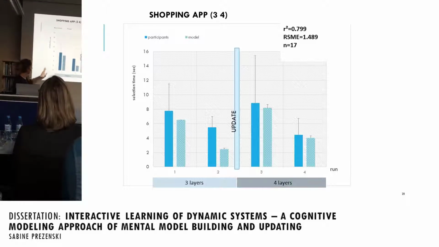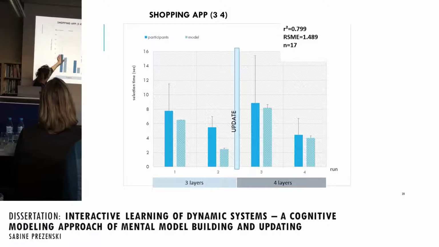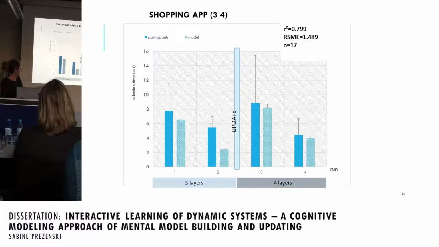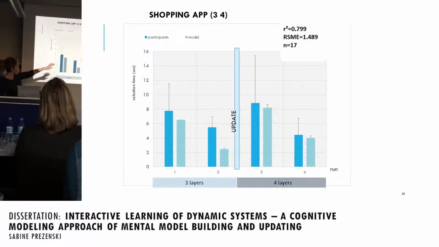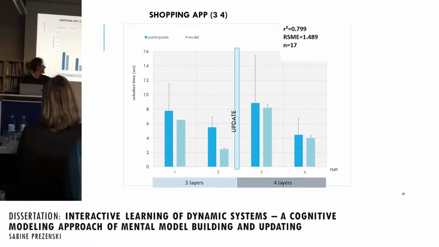So this is the empirical data, this is the model data, and we see in the empirical data a decrease in selection time from the first to the second block, then an increase again, and then again a decrease, and in the model there are the same general effects.